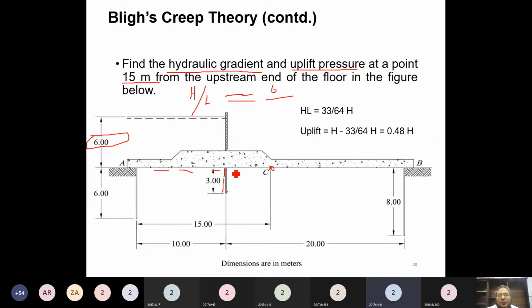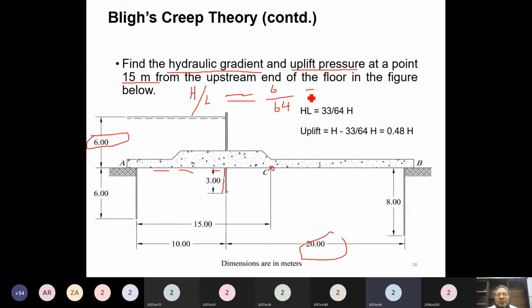Now we have to move from here to here. ये टोटल लेंथ कितनी है? 20 मीटर. So plus 20. Then ये आखिरी शीट पाइल की डेप्थ कितनी है? 8 मीटर. प्लस 8 और 8 16. तो 64. 6 divided by 64.